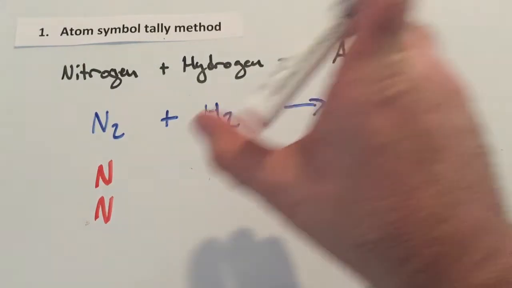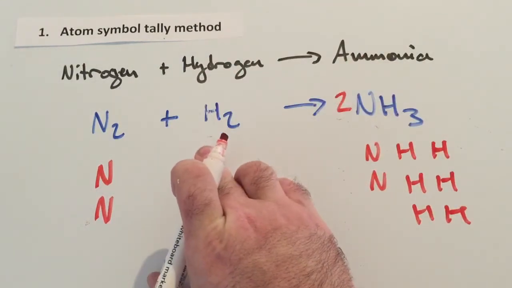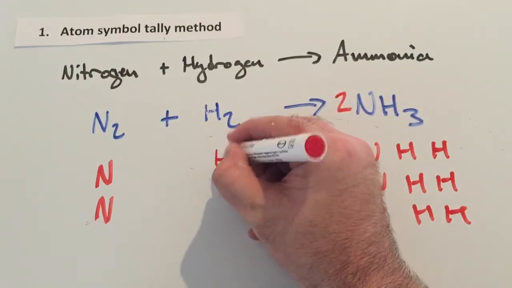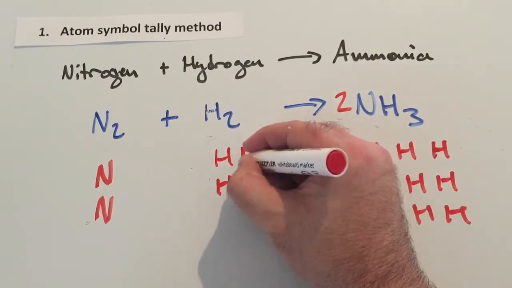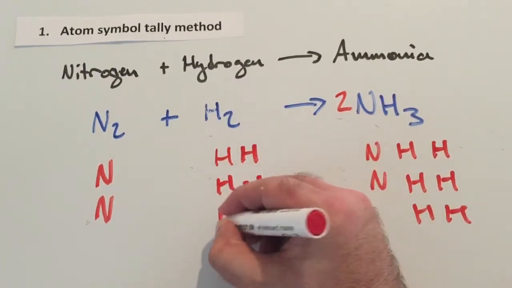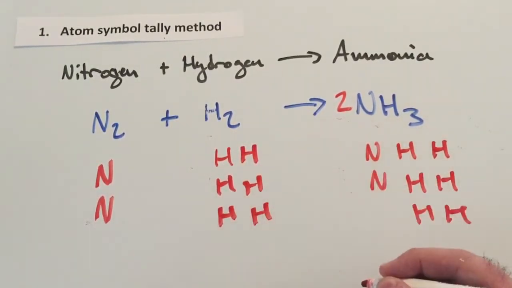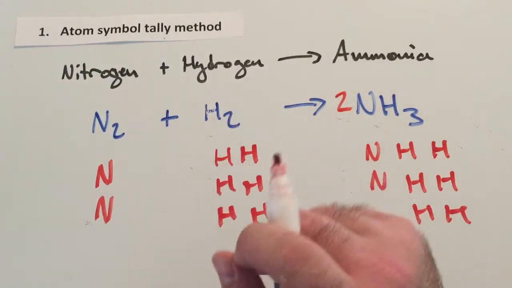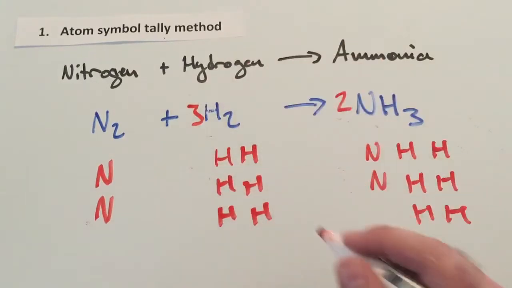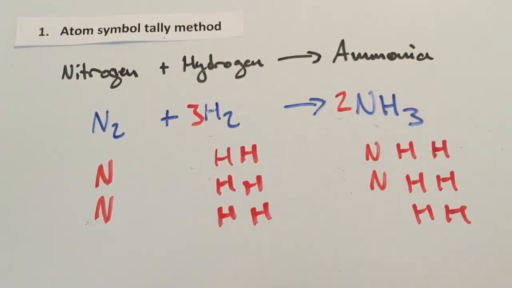And so we have to circle this back into our hydrogen over here. We only have the 2 to start with, but we need 6. So we need another 2 pairs of those. We need to go from 2 to 6, and that's pretty simple. We just need to have 3 of those now, and now we have a balanced equation.